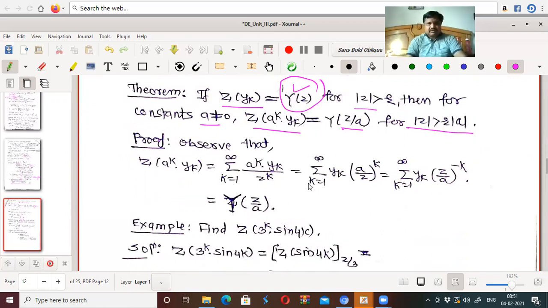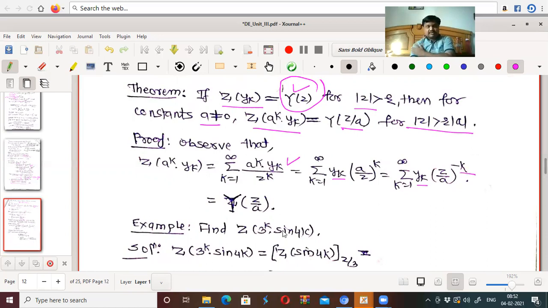Now observe that z transform of a to the power k into y_k equals summation from k equal to 1 to infinity of a to the power k y_k upon z raised to k, by using the definition, which is equal to summation from k equal to 1 to infinity. Can I write it as (a by z) to the power k into y_k? Summation from k equal to 1 to infinity of y_k into, this can be written as (z by a) to the power minus k.